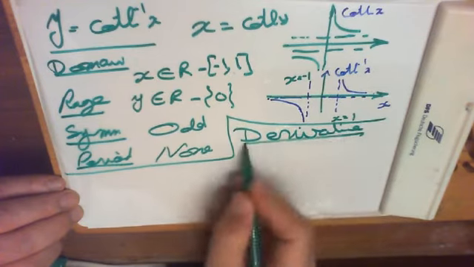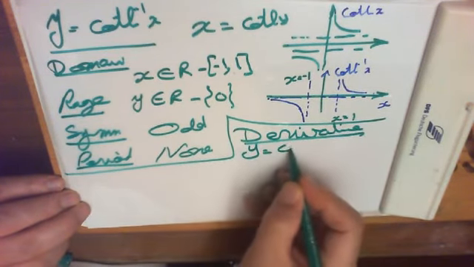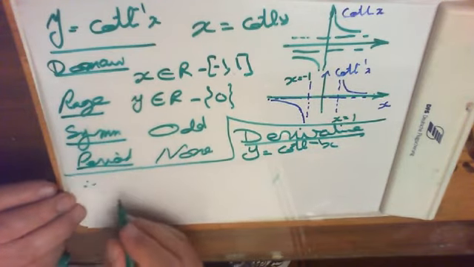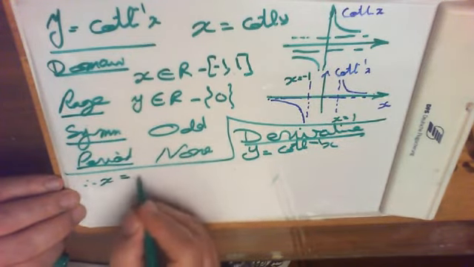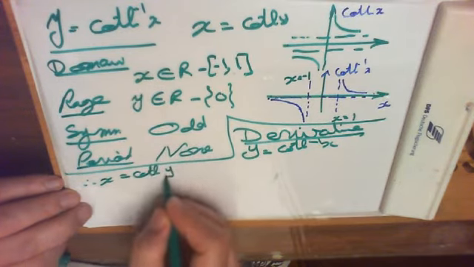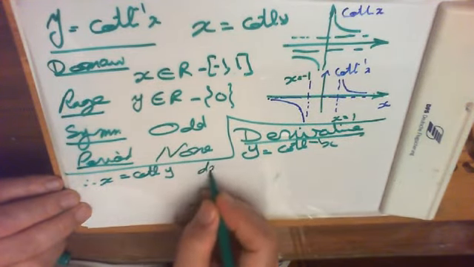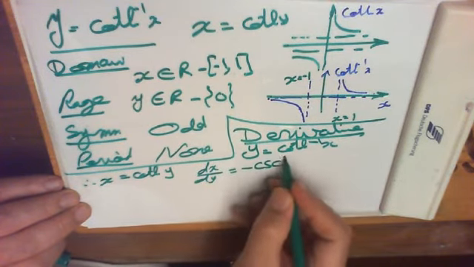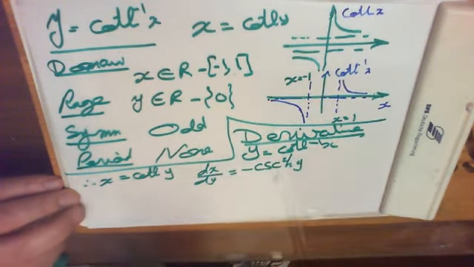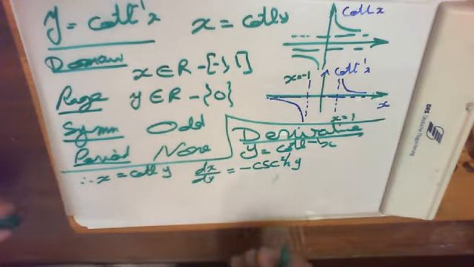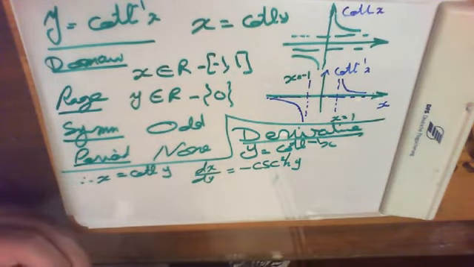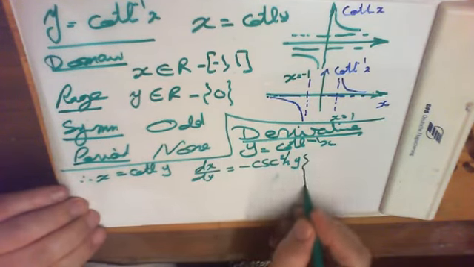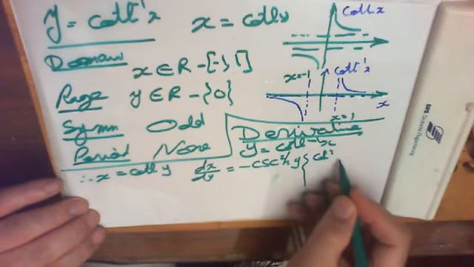Okay. y equals coth minus 1 x. Therefore, x equals coth y. Therefore, dx over dy equals minus csch squared y. Okay, but we studied that cosh squared minus sinh squared is 1.